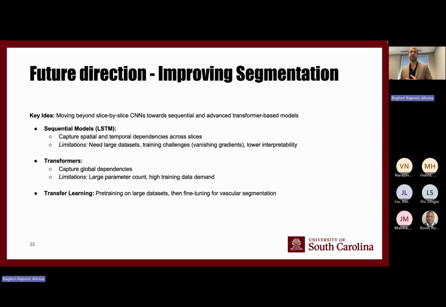And also transformers are good at capturing global dependencies. We only explored one variation of transformer structure, TransUNet, but there are many more structures that could be explored that we didn't get to do. And for the limitation, we could always pre-train on a large data set, find a data set that is close to our data set, pre-train on that, and then fine-tune for vascular segmentation.